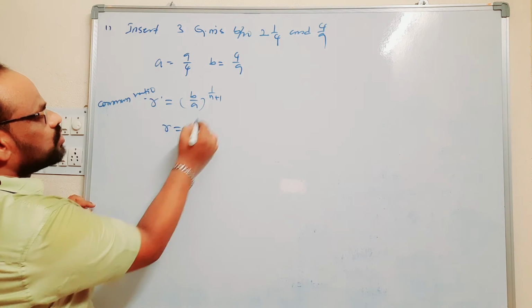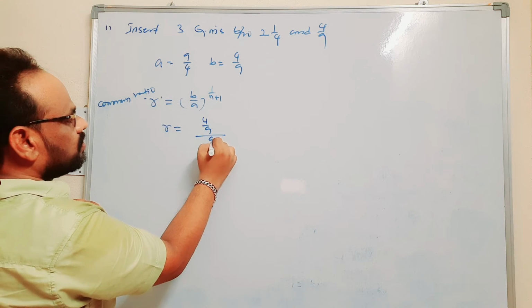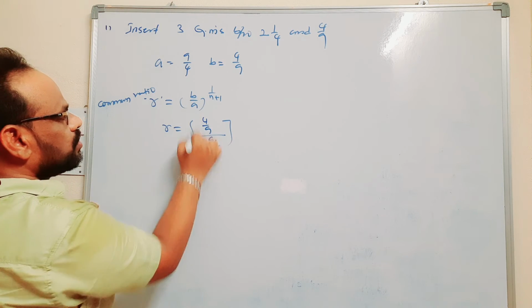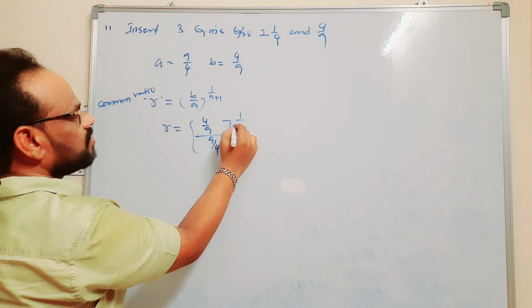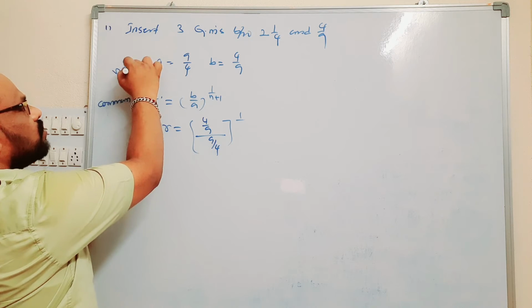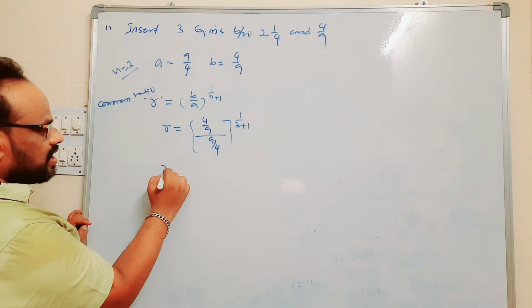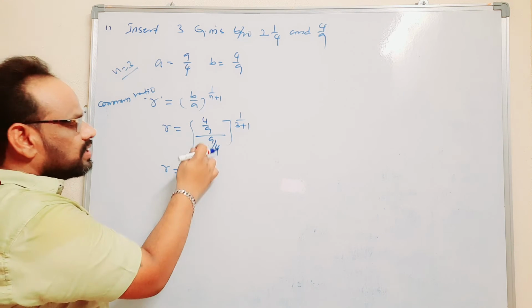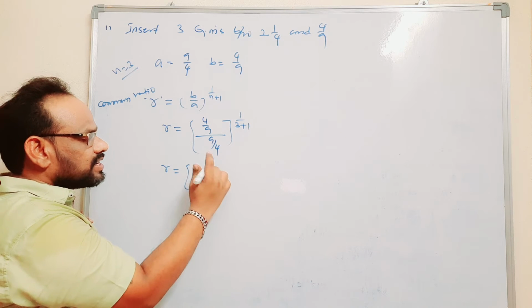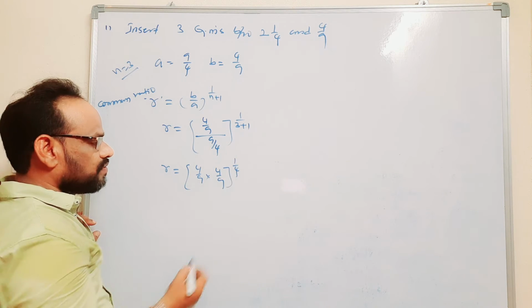So R is equal to, here the B value 4 by 9 by the A value 9 by 4, whole to the power 1 by N plus 1. We want 3 GMs, so N is equal to 3, so 1 by 3 plus 1. So R is equal to 4 by 9 into 9 by 4, reciprocal is 4 by 9, whole to the power 1 by 4.